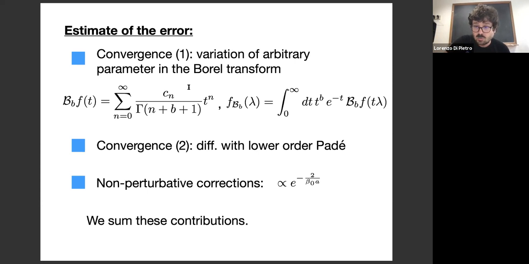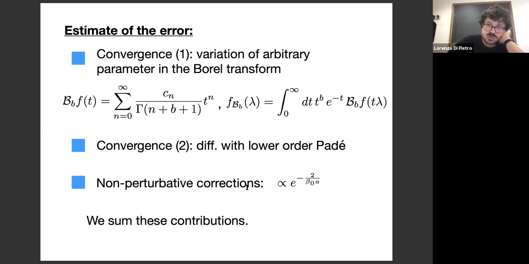So that's one component that we put in the error. Another component is just taking the difference with lower order Padés. And finally, we added by hand a non-perturbative correction inspired by renormalon type contributions and of the form e to the -2/(beta naught A), where beta naught is the one loop beta function. Okay, and then we just sum these contributions.